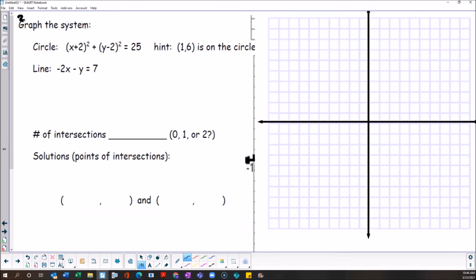I just tried to make it a little bit bigger. What I'm going to do is add a little bit to problem number 2, a few more little parts, part A, part B, part C kind of thing. So we'll do this one first. This will be our part A.